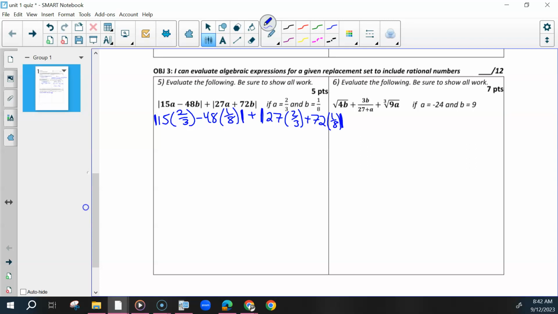So put everything in first, then you can start to simplify.